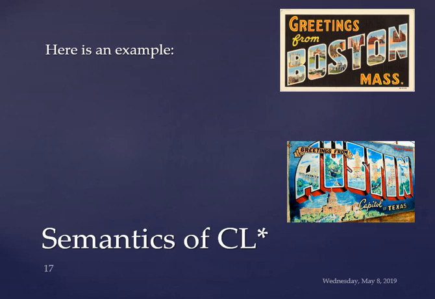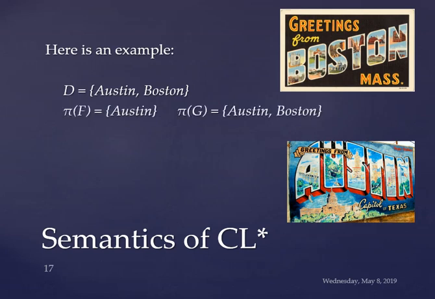Here is an example. We are going to be talking about the cities of Austin and Boston, so that's going to be our domain, our domain of discourse, as it is sometimes called. Then we introduce a predicate function.